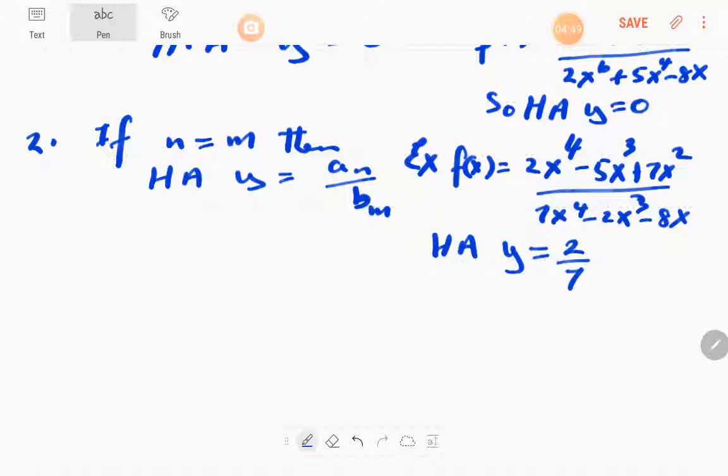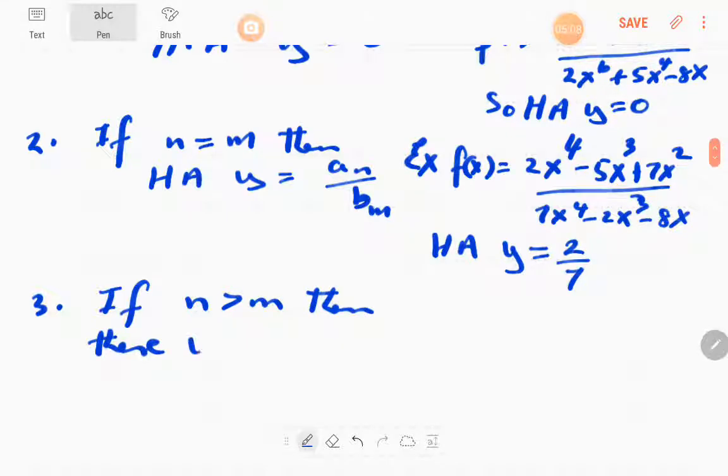All right, and the third scenario, if the degree of the numerator is larger than the degree of the denominator, then there is no horizontal asymptote.